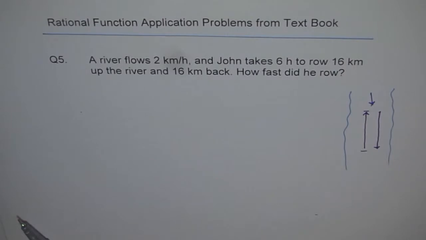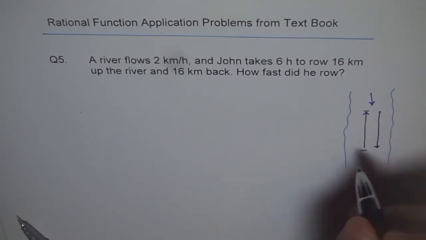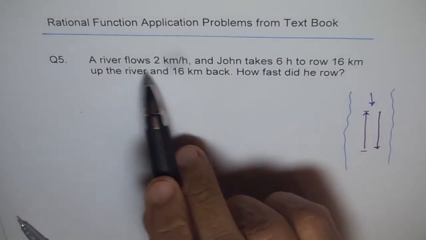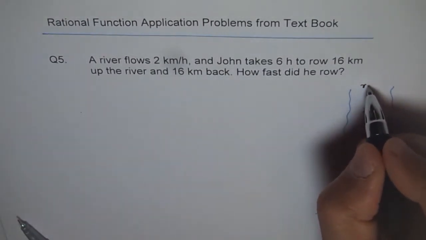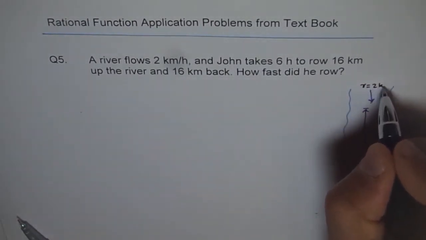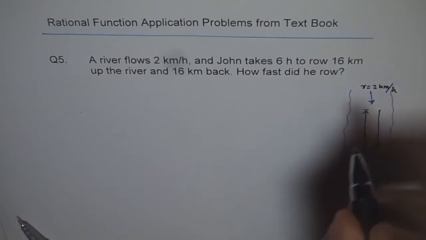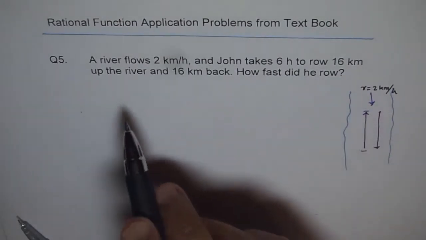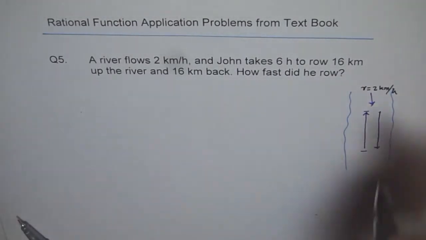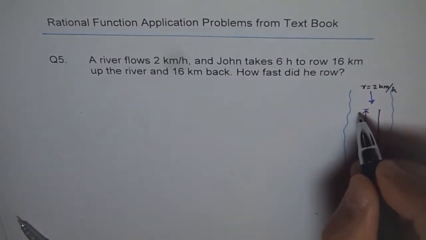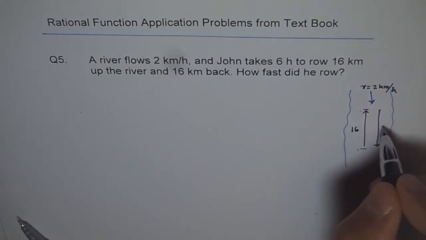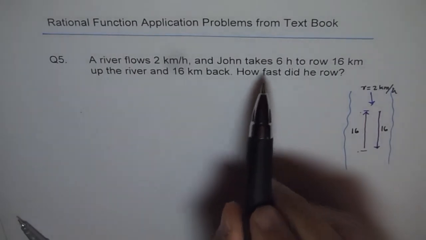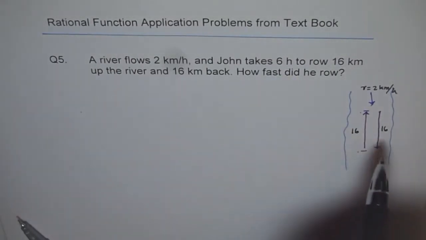The river speed is 2 kilometers per hour, and John takes 6 hours to row 16 kilometers up and 16 kilometers back. So this distance from here to here is 16 up and this is 16 down, and the total time is 6 hours for the whole trip.